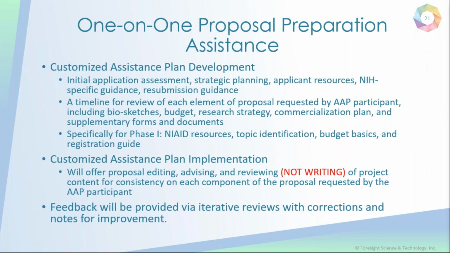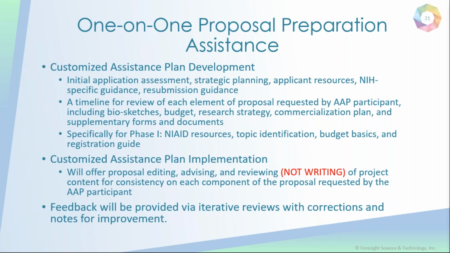There is a very important thing I want to emphasize. There were a lot of questions about it, and probably there will be more questions about it. But simply put, the scope of work of this program specifically states that our consultants can help you with proposal editing, with proposal reviewing, with advising how to make your application better, but we are not going to write parts of the proposal for you.